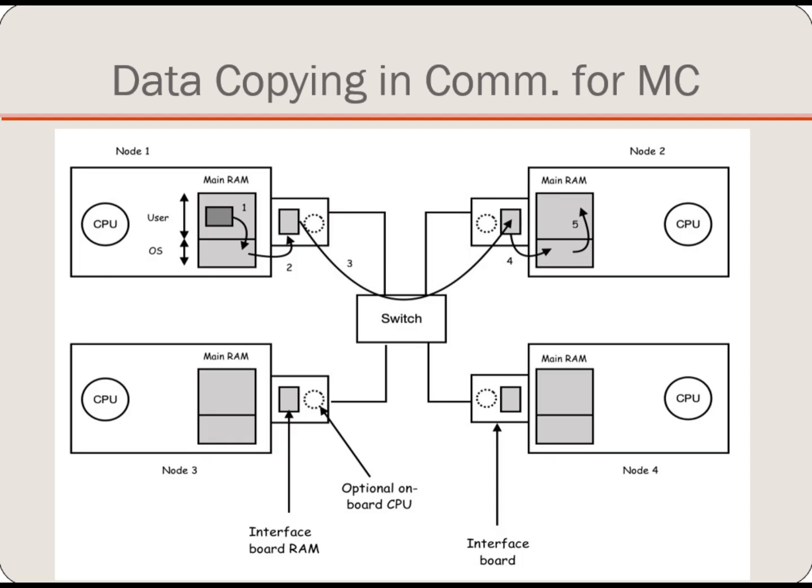That's very common. You have these 5 data copies if only going through one switch. But if you need to go through several switches, then you need more data copies.